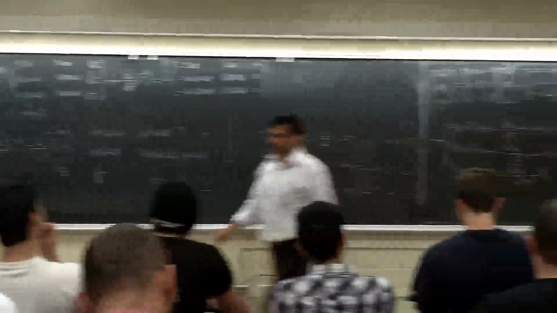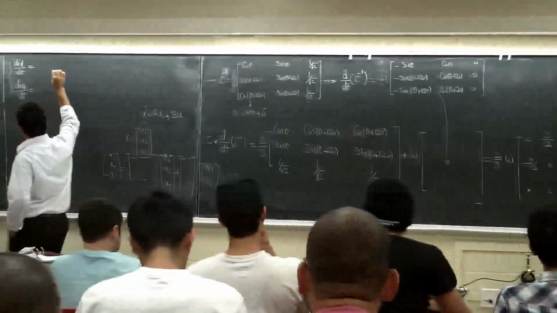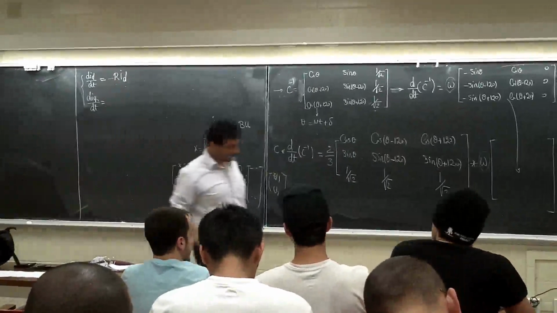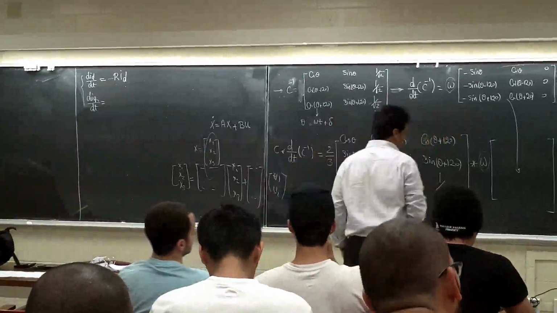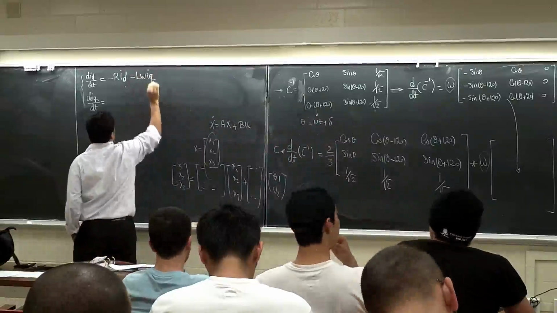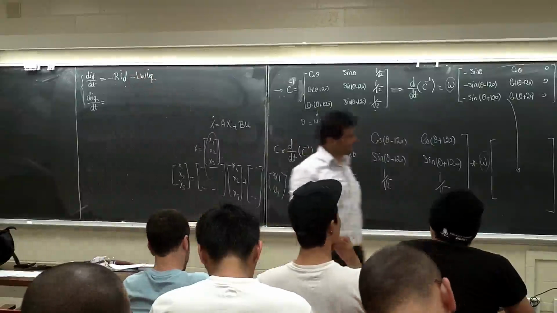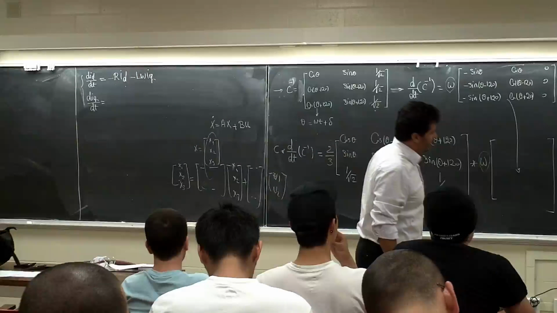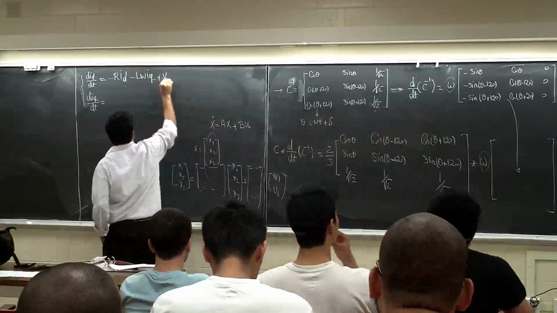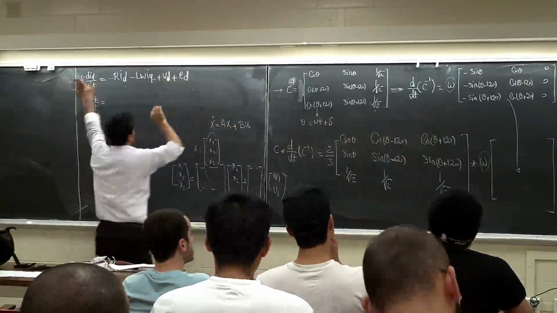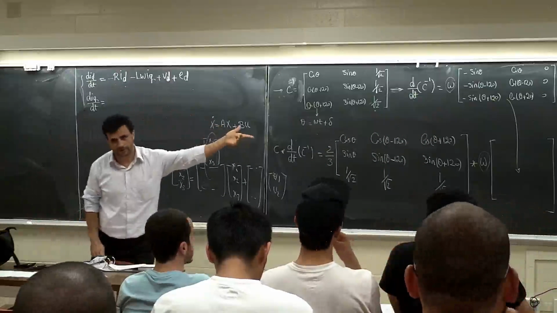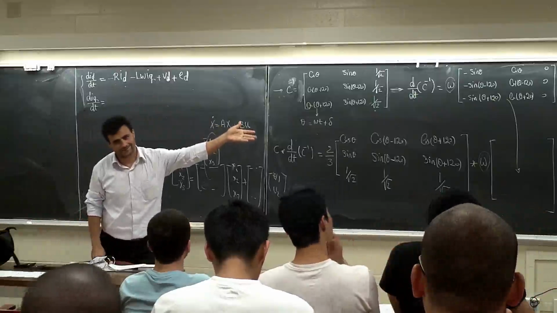It's going to be minus R ID, minus L omega IQ, plus VD plus E. Is this correct? You said minus VD. Is it correct? That's plus VD over there.